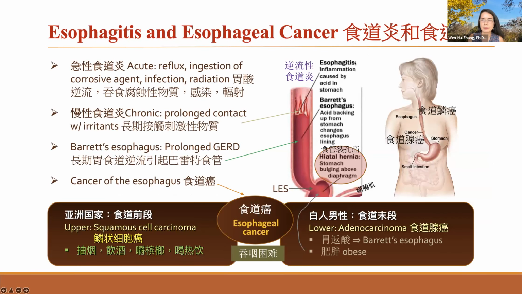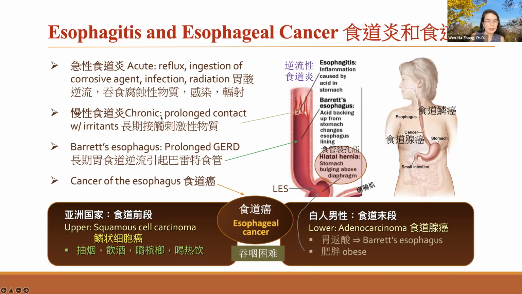The common health issues in the esophagus include esophagitis and esophageal cancer. So acute esophagitis can be caused by acid reflux. The acid stomach contents backflow into the esophagus. It can also be caused by accidentally ingesting a corrosive agent, or by infection or radiation.